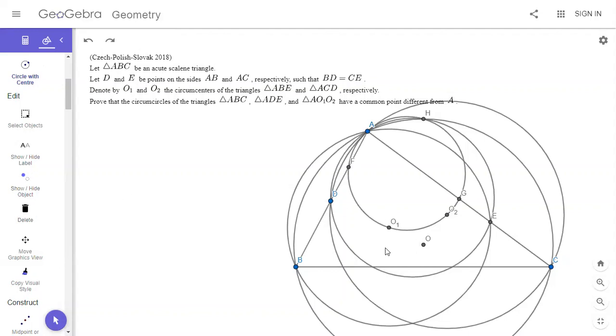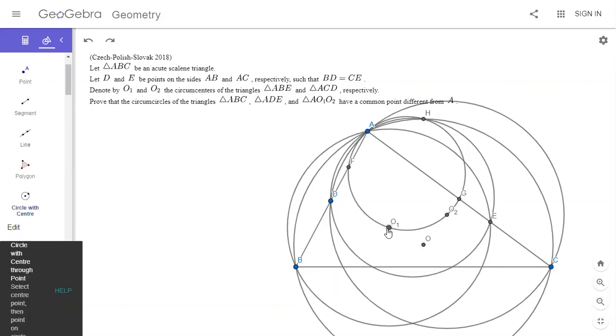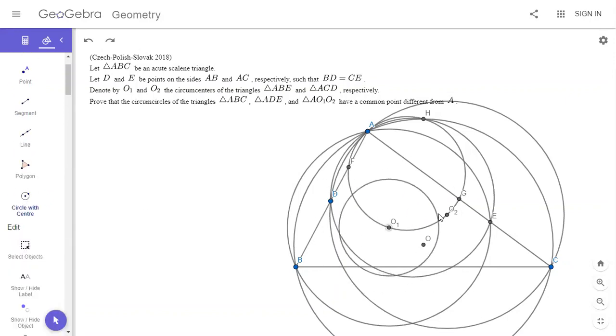I wonder if O1F is equal to O1O, or let me try something. No, it just looked like it. O1O2.